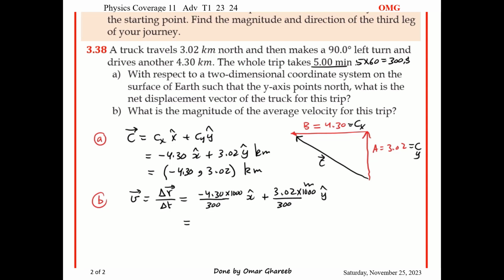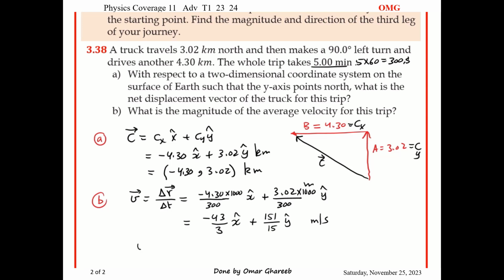So the velocity should be minus 43 over 3 x hat plus 151 over 15 y hat meters per second.